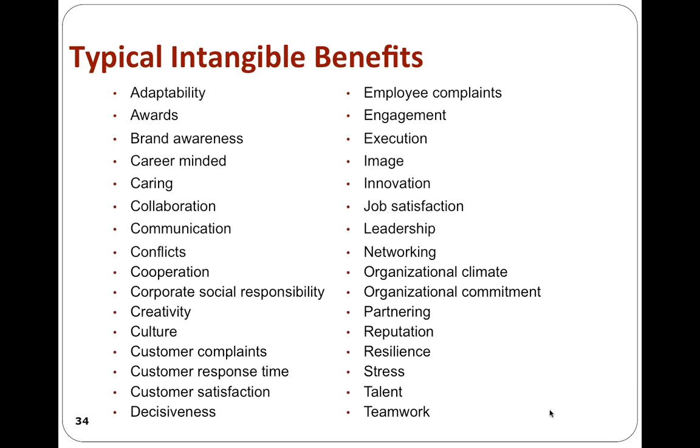We may be improving brand awareness, customer satisfaction, innovation, whatever. Those are typical. What we're suggesting here is that these measures must be connected to our program. They're listed as intangible because we didn't convert them to money. We tried, but if we cannot do it credibly with a reasonable amount of resources, we leave it as an intangible.